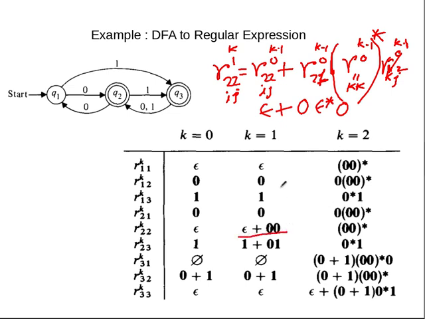Similarly, once you construct all these things, using this kind of formula again, you construct it for this thing, and then what will be our final regular expression? We should take R 1 2, because 2 is a final state, and also 3 is a final state, so we should have R 1 3.